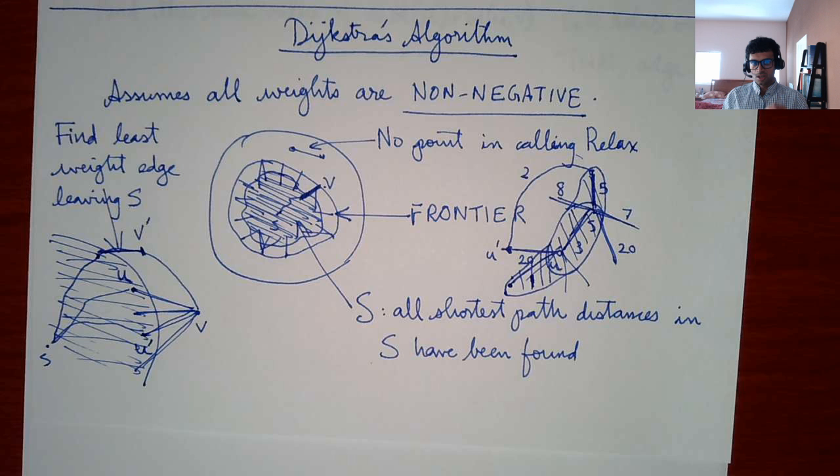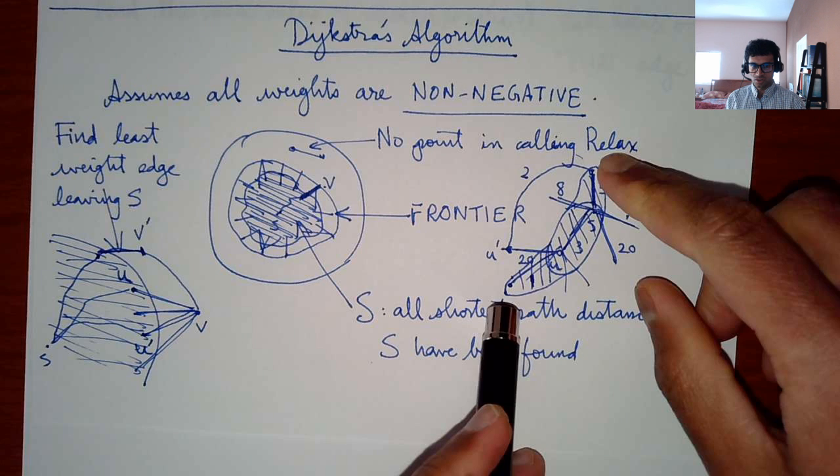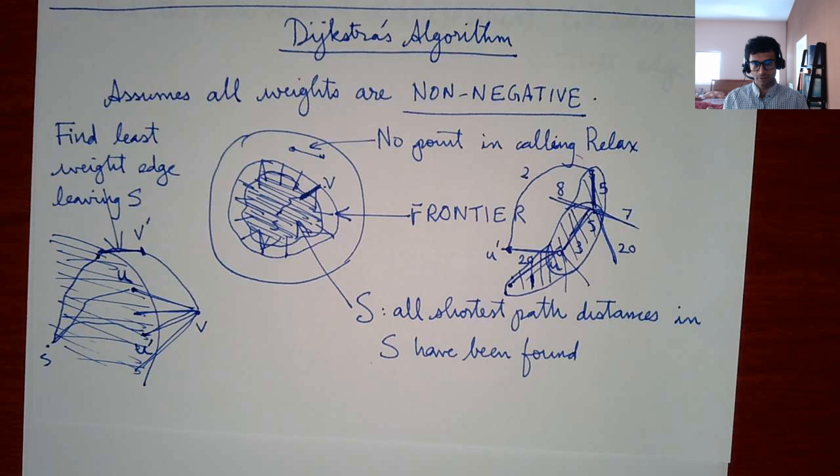So if you look at this picture, instead of trying to look at some vertex far away and figuring out how it's going to get to S, it's better to look around S, look at all the information you know and grow that carefully, and eventually you'll get to every place.